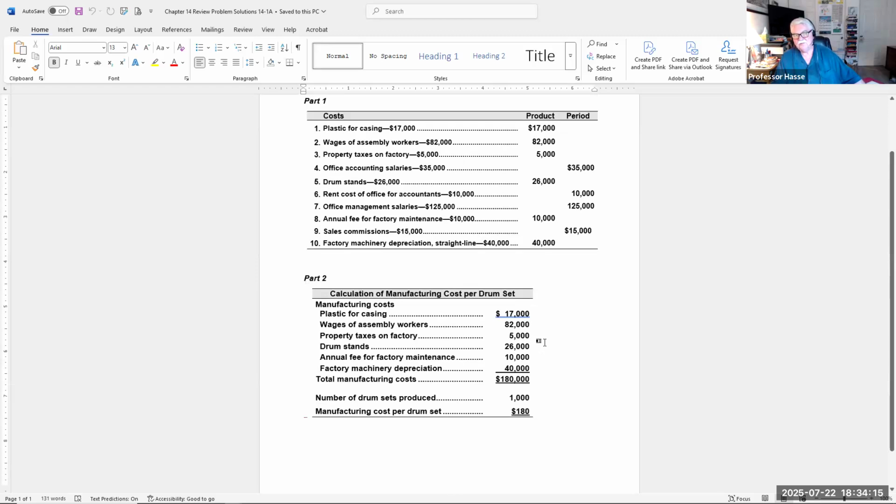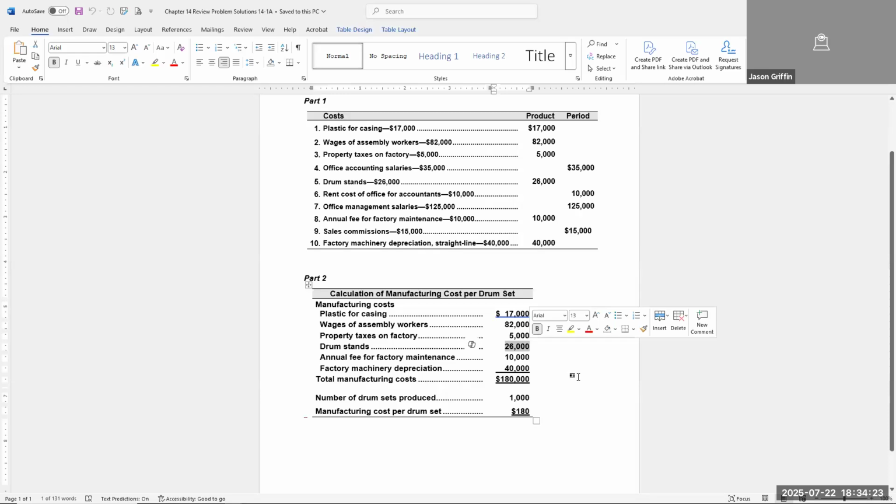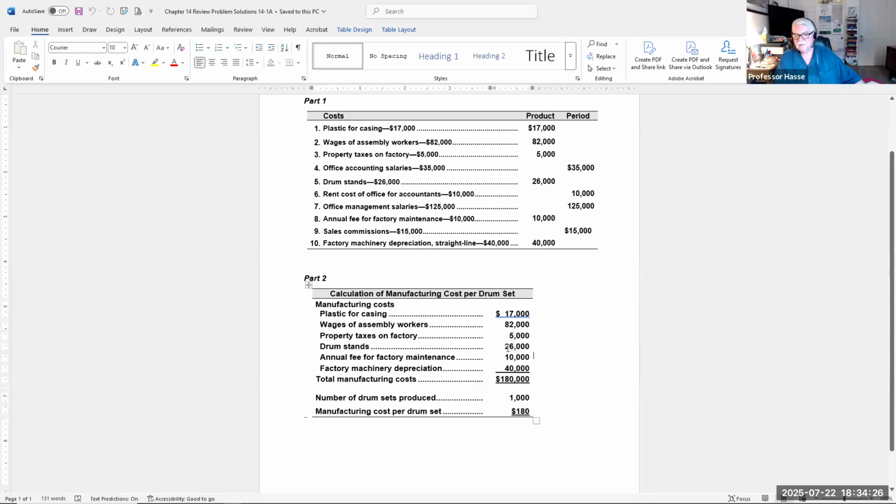So the final cost of those drum stands, less the discount, is what goes into this number here. So you're probably assuming that discount will be included in any of these numbers. Okay, thank you. Does that make sense? Yeah, that makes perfect sense. That's right. Very good. Good question.